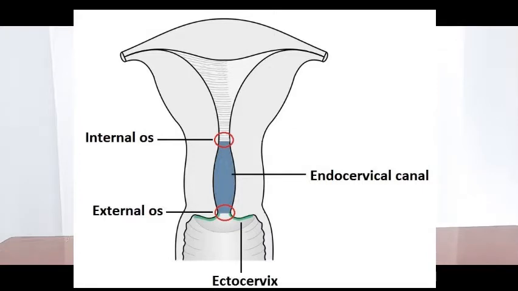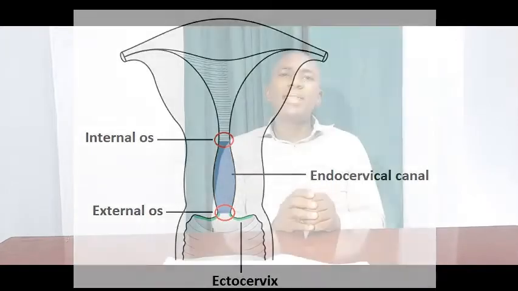Now, there are common organisms which affect the outer part of the cervix, and one is trichomoniasis. This is the type of disease which normally affects the outer part. Think also of candidiasis, which again affects the outer part.